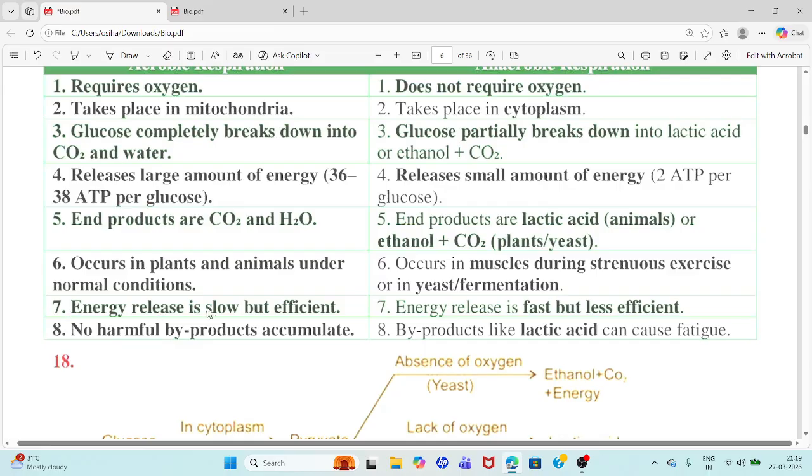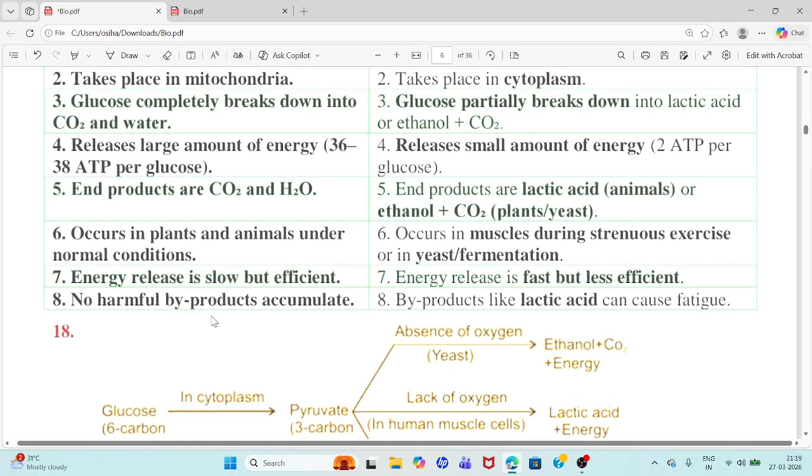Seventh point: energy release is slow but efficient in aerobic, and fast but less efficient in anaerobic. Eighth point: no harmful byproducts accumulate in aerobic; in anaerobic, byproducts like lactic acid can cause fatigue.